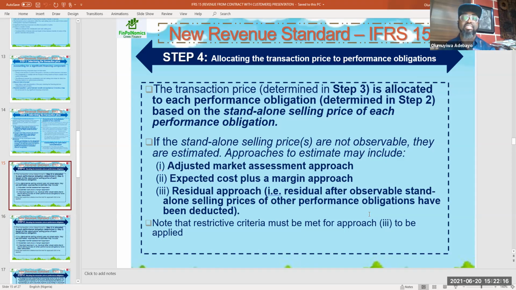It then means that invariably, if the standalone price of the phone is $100 and you take that out, what is left is $500.